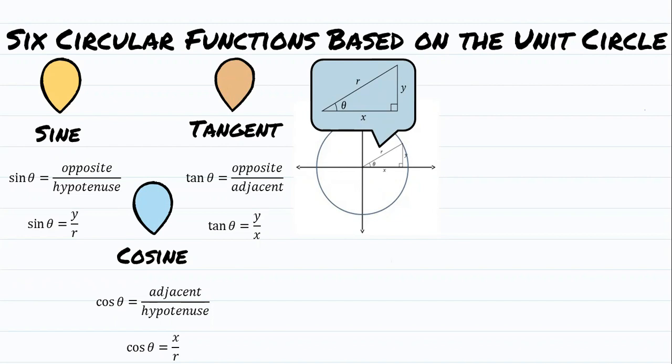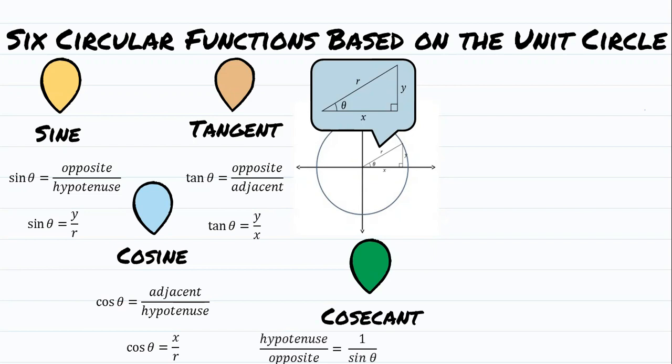Fourth circular function is what we call cosecant. Recalling the formula of cosecant in the trigonometric identities, we have hypotenuse over opposite, or 1 over sine theta. Our hypotenuse is r and our opposite is y. Therefore, cosecant theta is equal to r over y.